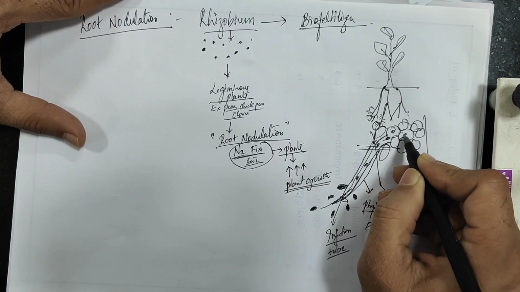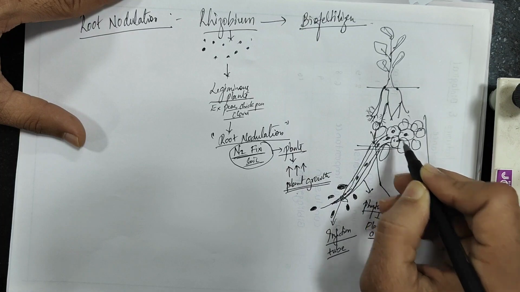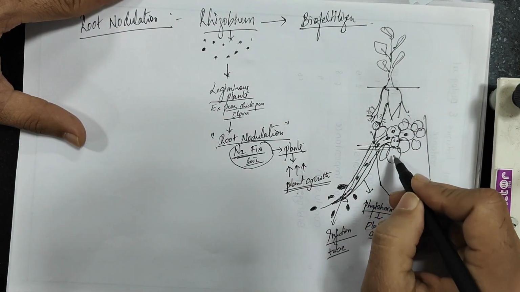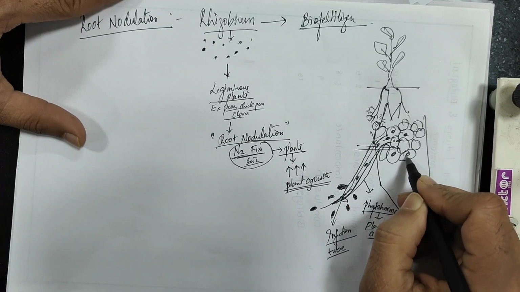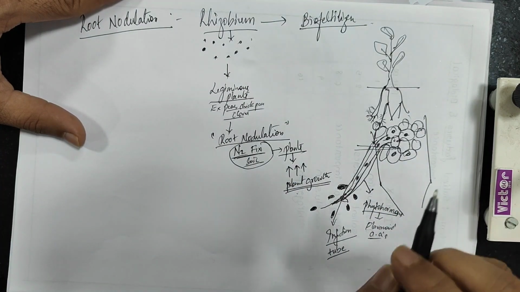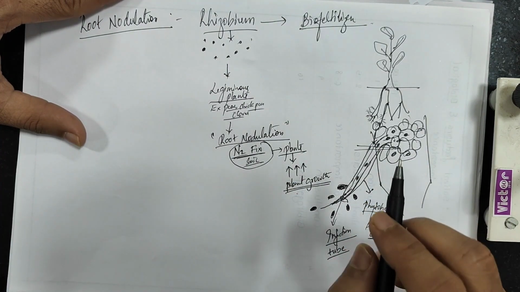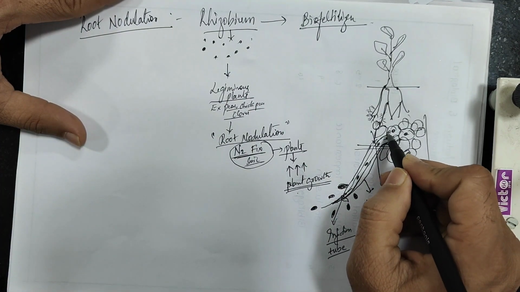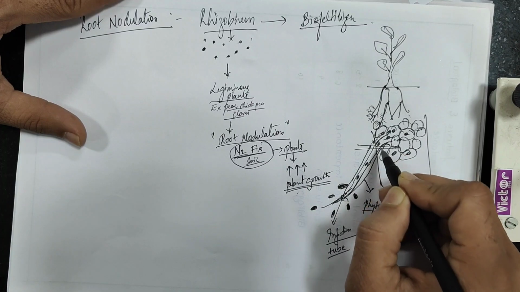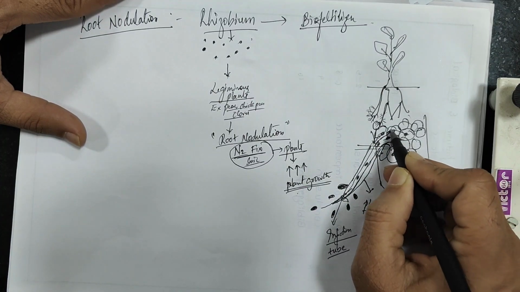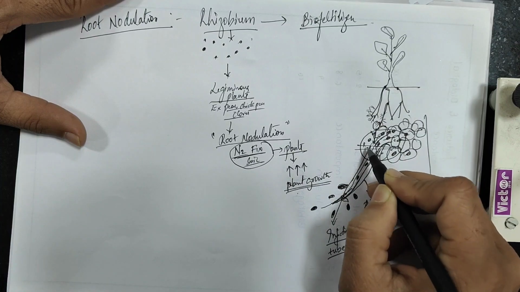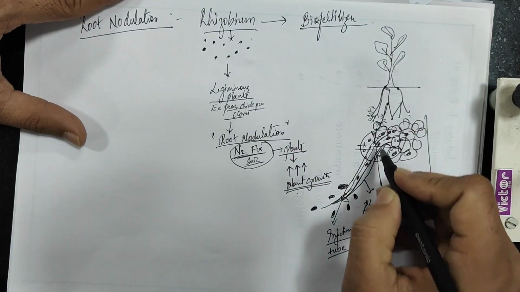Here you can see the bacteria reaches here. Once the bacteria reaches the cortex of the root, it undergoes metabolic, physiological and morphological changes, and this multiplies and forms a nodule-like structure outside the roots.